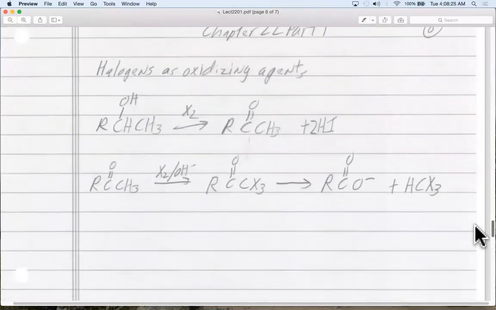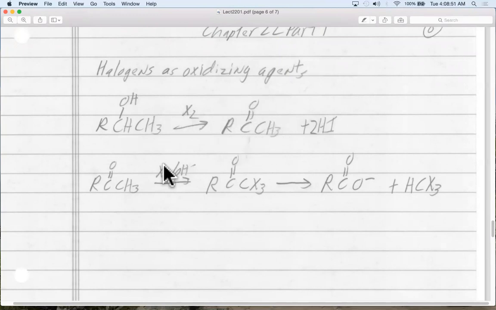Now, one other thing that we've talked about slightly earlier in one of the chapters is that the halogens are also good oxidizing agents. So you can take a halogen and treat an alcohol with that halogen. It oxidizes the alcohol up to a ketone.